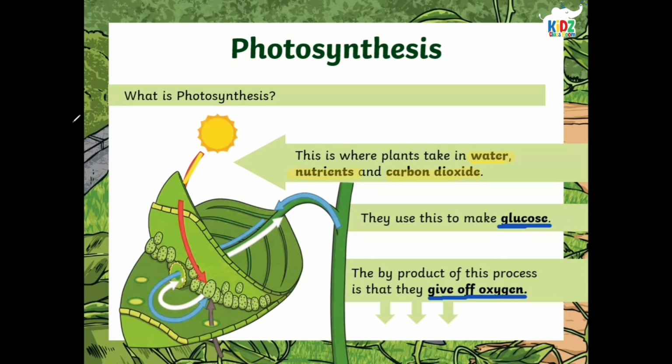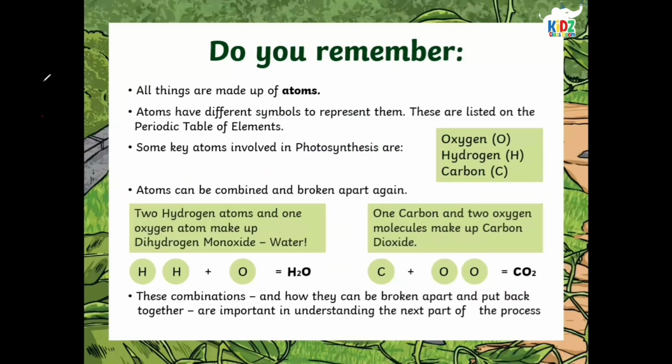So they use sunlight to turn carbon dioxide from the air and water from the soil into glucose. Okay, so we just learned about the process of photosynthesis.